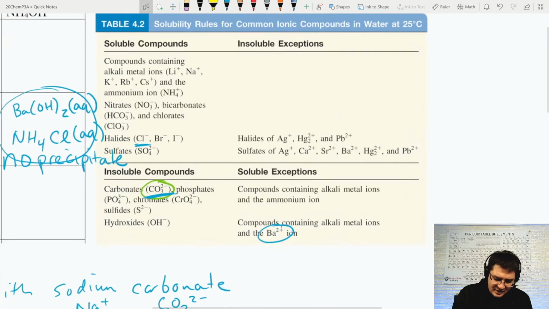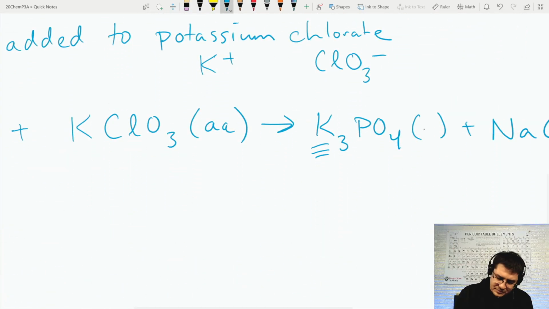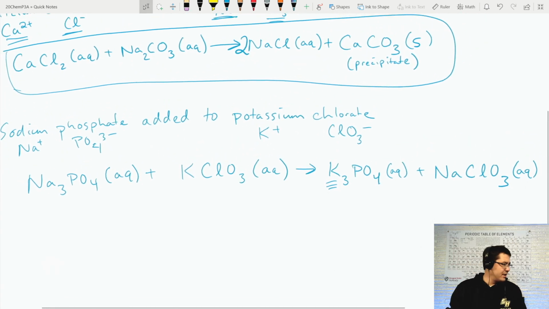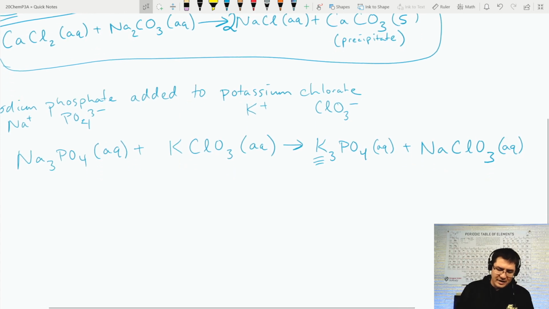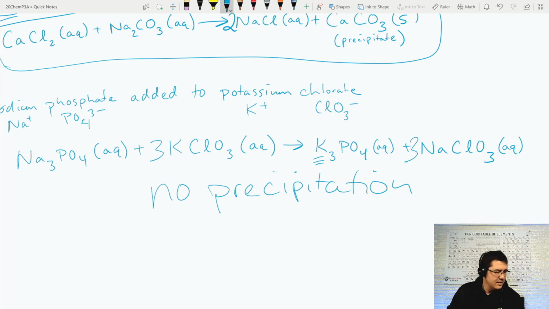Anything containing potassium is always soluble also. So in this case, this one's a pretty boring reaction. I haven't balanced it yet, but there is no precipitation because everything's soluble throughout. The double replacement reaction would balance with a 3 here and a 3 here. And so I end up with 3 sodiums, 3 potassiums, and 3 chlorates on both sides.